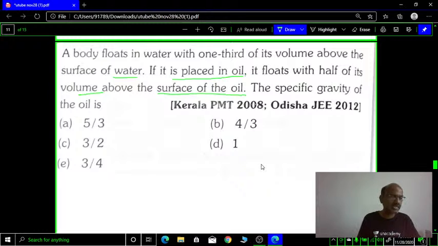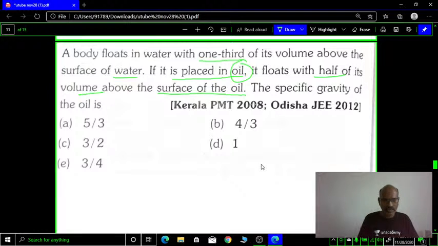Now we know that specific gravity is the ratio of density of a substance to the density of water at 4 degrees Celsius. Here, in water 1/3 of the volume is above the surface and the remaining 2/3 is inside. In oil, half is above and the remaining half is inside. What is the specific gravity of the oil?